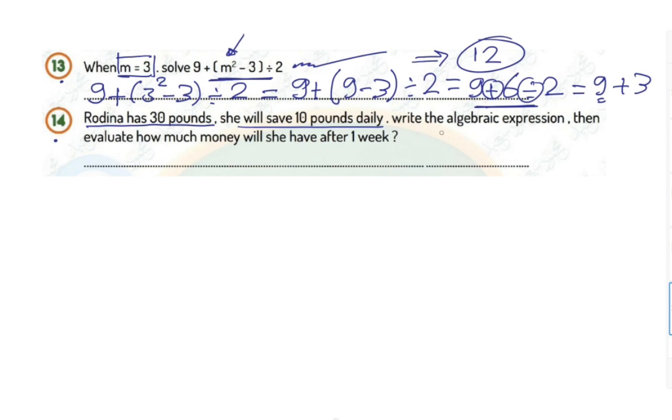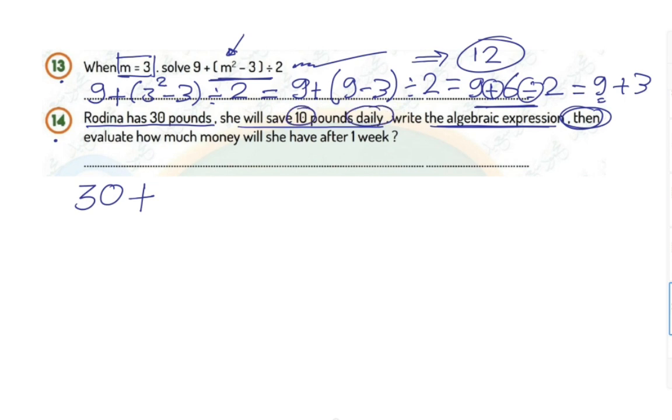So write an algebraic expression, then those are the next parts. So the first part, I need to write an algebraic expression for this situation. Okay, Rodina has 30, that means 30 is a constant. That's already constant, okay? And she will add 10 pounds daily. So every day she saves 10.